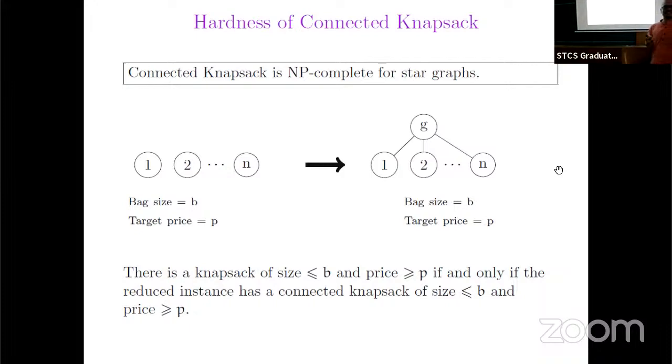And there is another thing called EPTAS. EPTAS runtime is f of epsilon times polynomial. What does E stand for? Efficient. Yeah, efficient PTAS. And it has a nice connection with parameterized complexity.